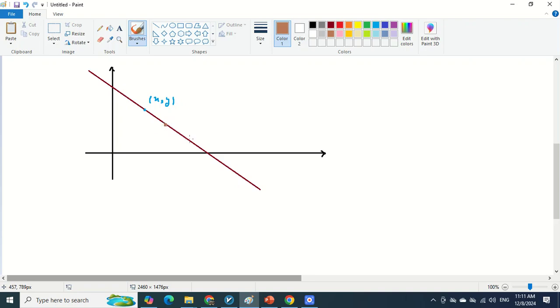Let us name these 2 points over here as A and B. So if I have the points A and B, then from these 2 points we have a unique line that passes through them. Let us name the first point as x node and y node, and the second point let us call x1 and y1.